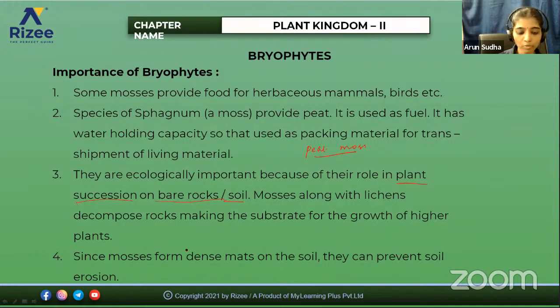Since mosses form a dense mat, a layer on the soil, it absorbs water and has water holding capacity, and this prevents soil erosion. So these are some of the important uses of bryophytes. They are economically important.